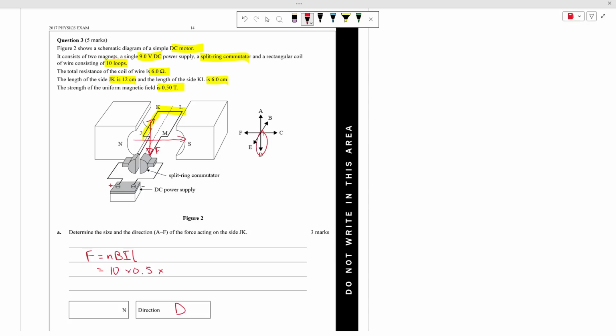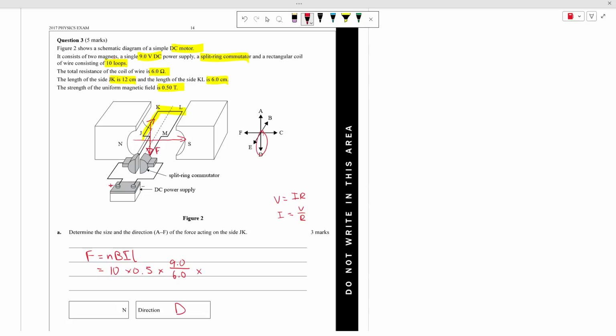I is the current in the loop. Now, current's not given to us, but it tells us the voltage of the battery and the resistance of the wire. So we can use Ohm's law to work out the current. Ohm's law off the side: V equals IR, or I equals V over R. So the current is voltage, 9 volts, divided by the resistance, 6 ohms.